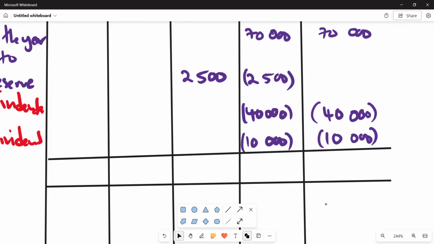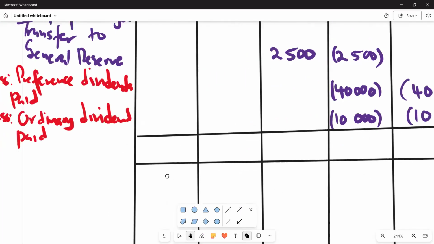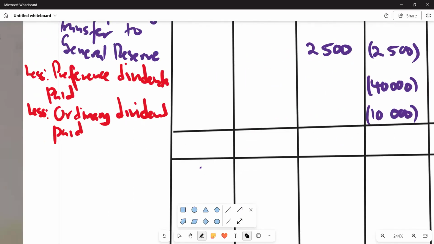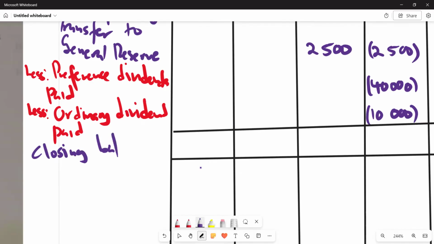So we can now try to find out about the total and put the totals in the column. So this becomes our closing balances. So we can put a description here of saying closing balances. So we start with the first column that we have there and try to see what we have.